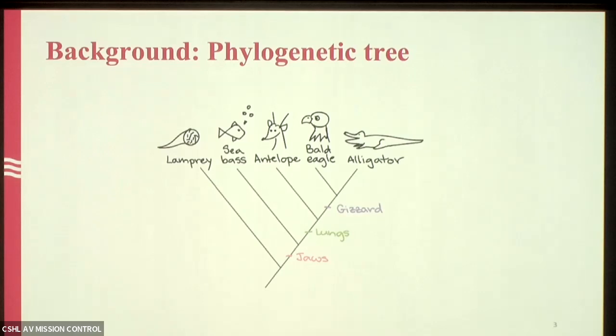Here is an example of a phylogenetic tree. Each node describes an organism and the edges describe the relationships between organisms. The evolution happens from the root to the top, which is the tip of the tree.